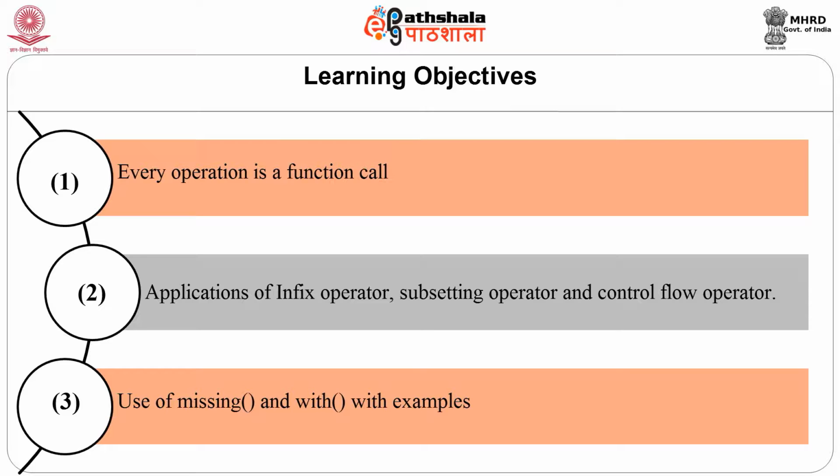This includes infix operators like plus, control flow operators like for, if and while, subsetting operators like the square bracket and dollar, and even the curly brace. Here it should be noted that the backtick lets you refer to functions or variables that have otherwise reserved or illegal names.